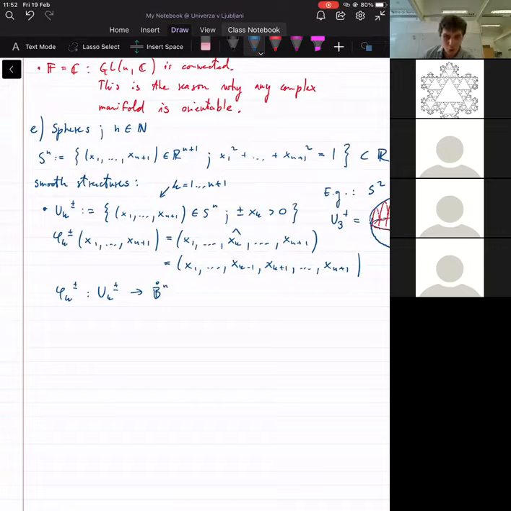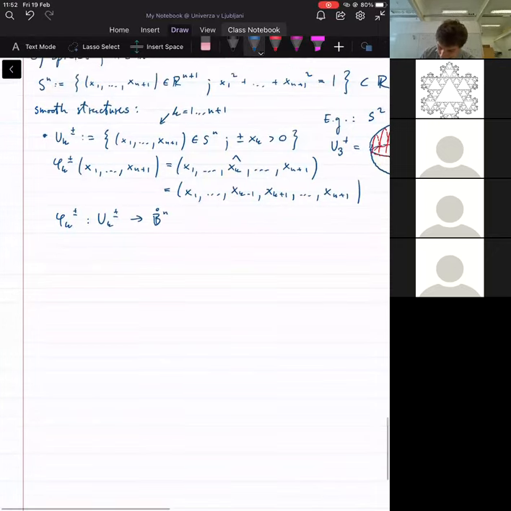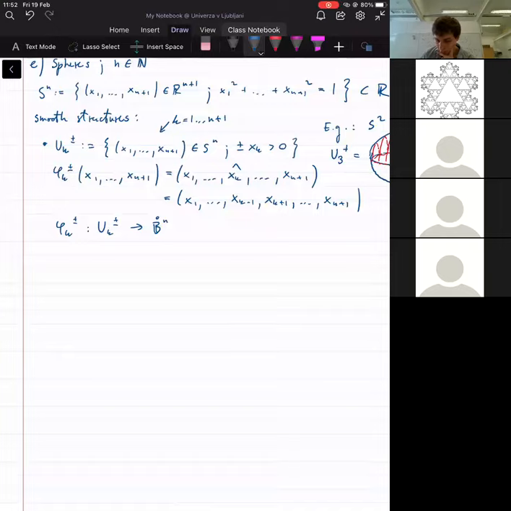Do we know what an open unit n-ball is? Yes. Or would you like me to write down the set? Okay, we all know what it is. So, well, of course, this map is continuous. It's just missing one component. But now, in order for us to make sure that it is a chart, we have to check that its inverse is also continuous.